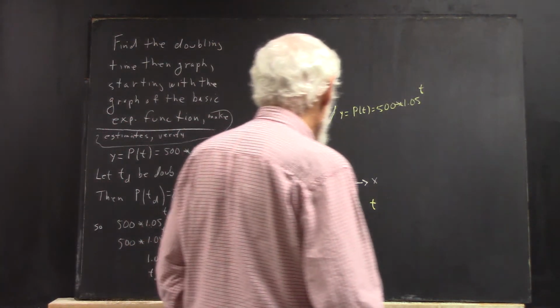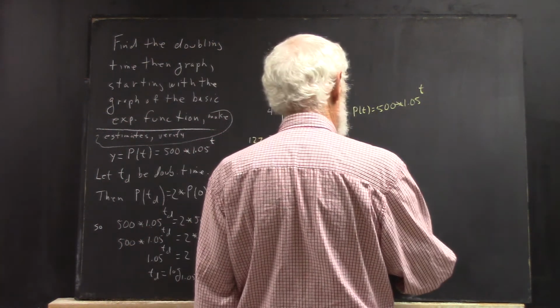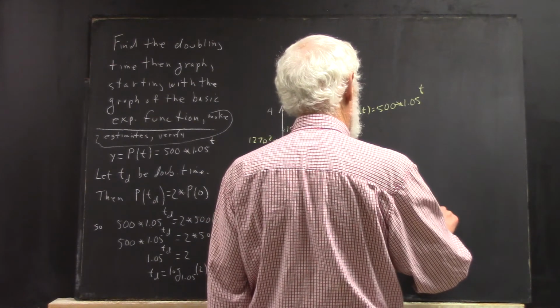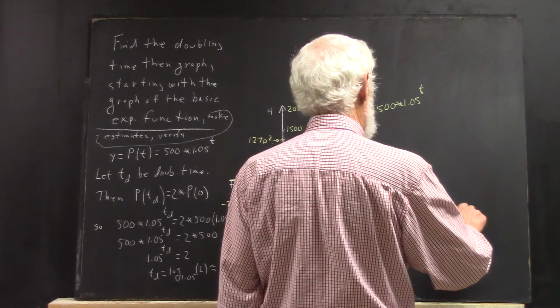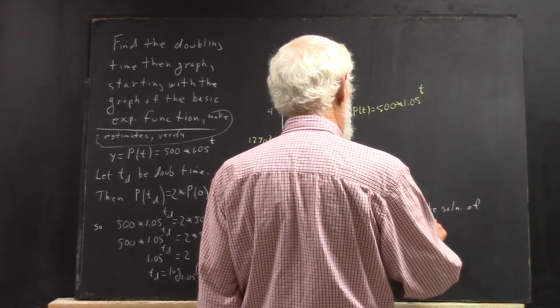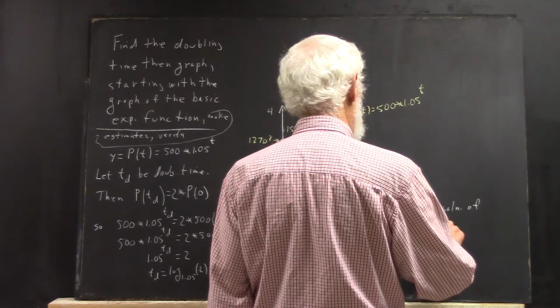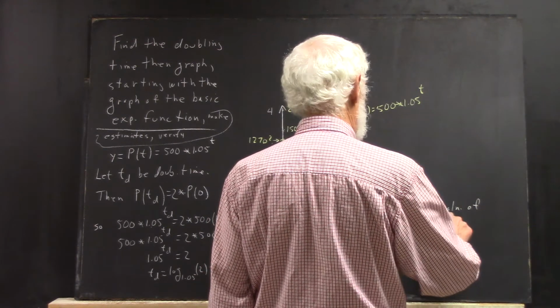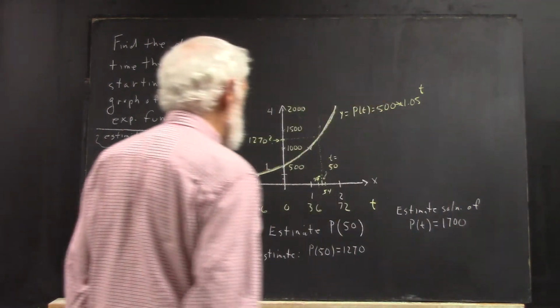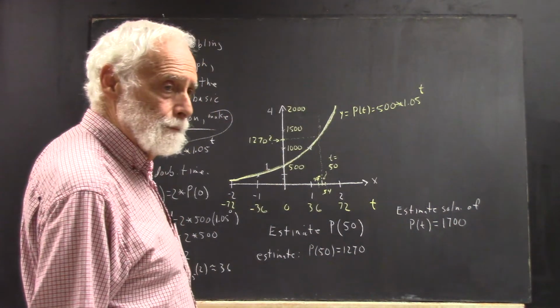Okay? So, or we could estimate the solution of the equation P of t equals 1,700.